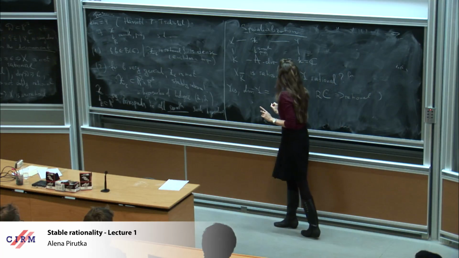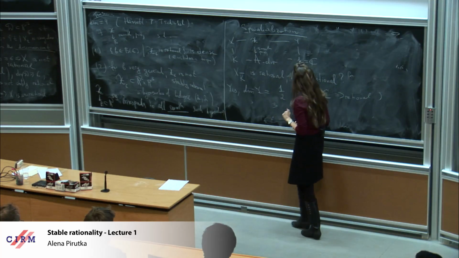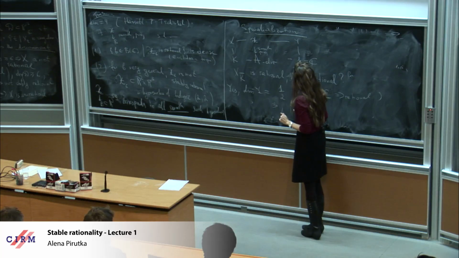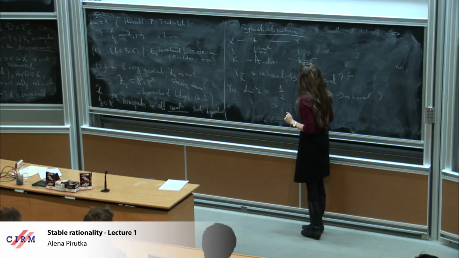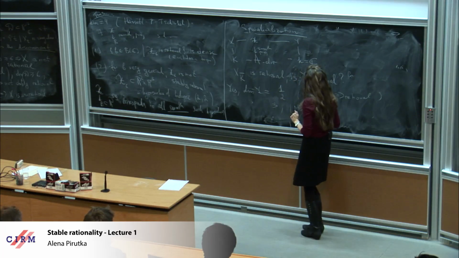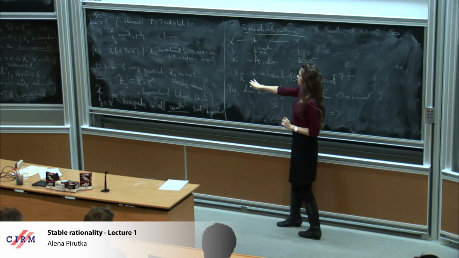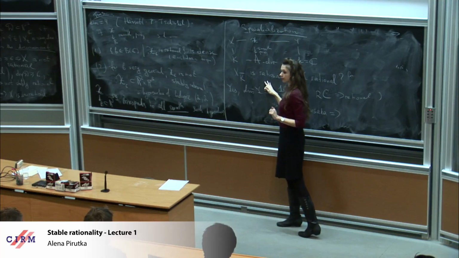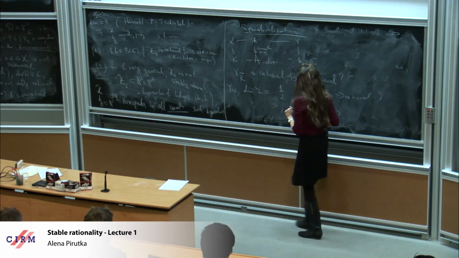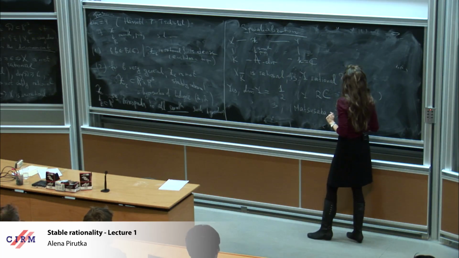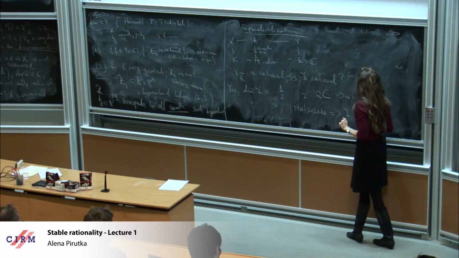Dimension 3 is also true, slightly more subtle. So you use Matsusaka's theorem that tells you precisely that when the generic fiber is rational, then the special fiber is ruled.